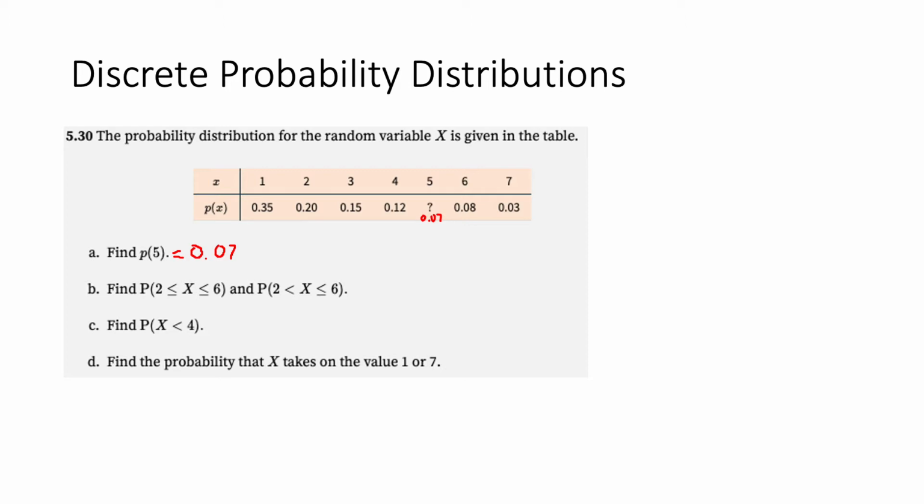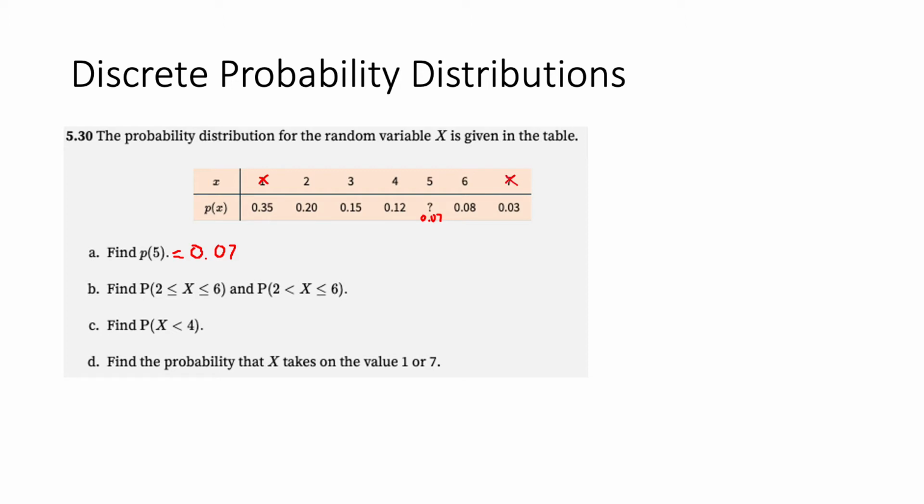For B, they're going to describe some events, and they're going to want to know the probability that X takes on certain values here. So here we see X greater than or equal to 2, less than or equal to 6. We can just go straight to our table, and we can identify those values. Is 1 greater than or equal to 2? No, so it's gone. And is 7 less than or equal to 6?